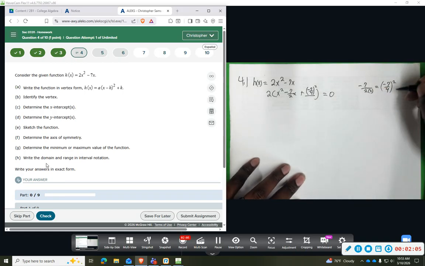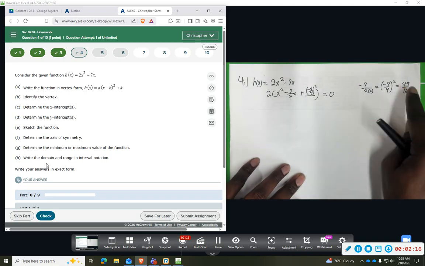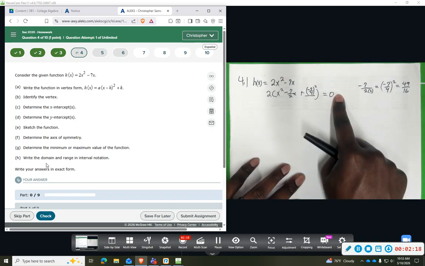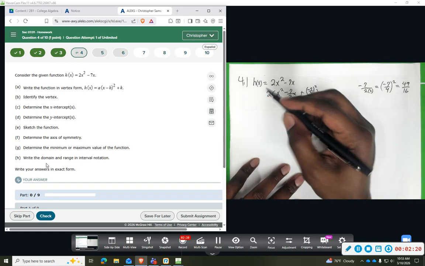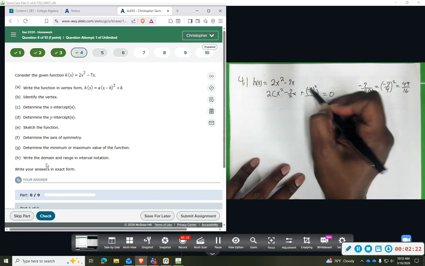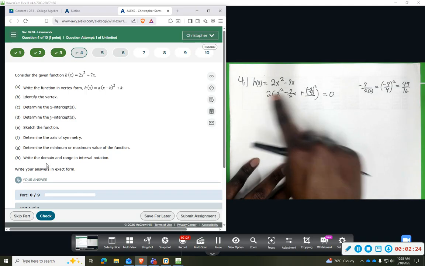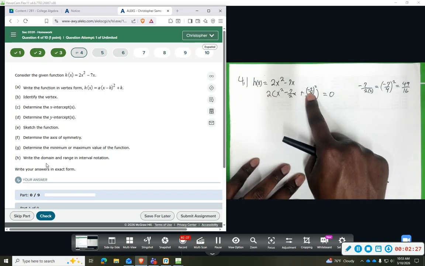However, when I square this, negative 7 squared will give me 49, and 4 squared will give me 16. I don't want to write 49 over 16 because inside the parentheses, this 2 is going to get distributed to every single term. So that means, in effect, this term is going to get multiplied by 2.